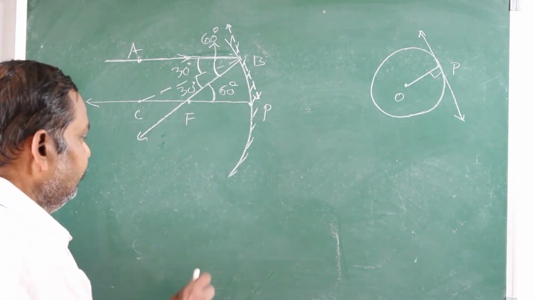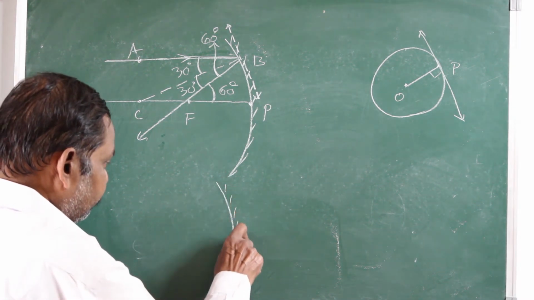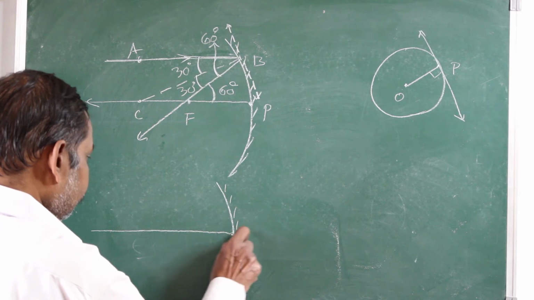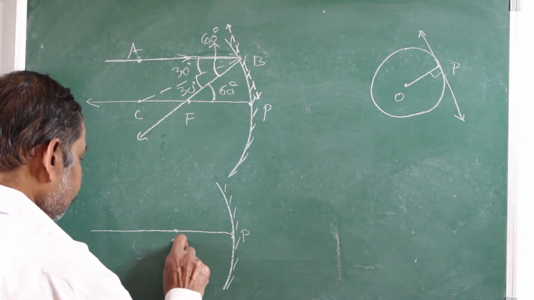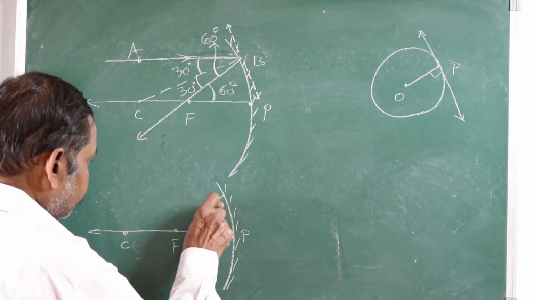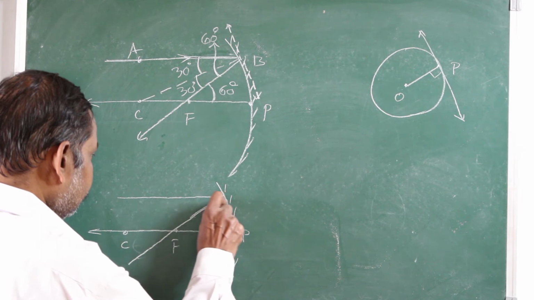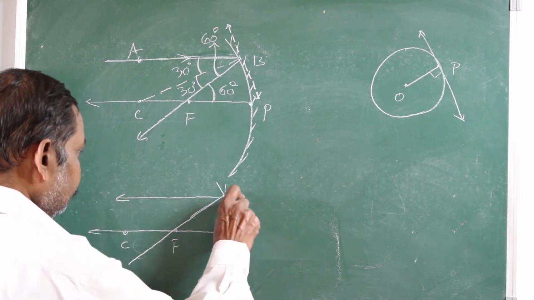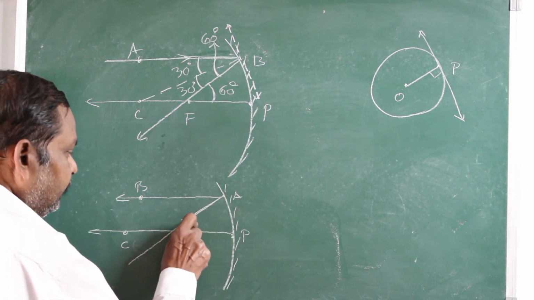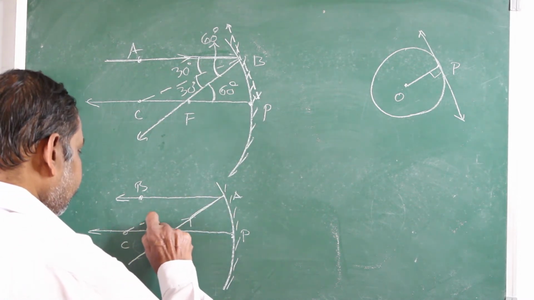The second case asked is, if the ray of light is passing through the focus. FA is the incident ray, AB is the reflected ray, and CA is the radius.